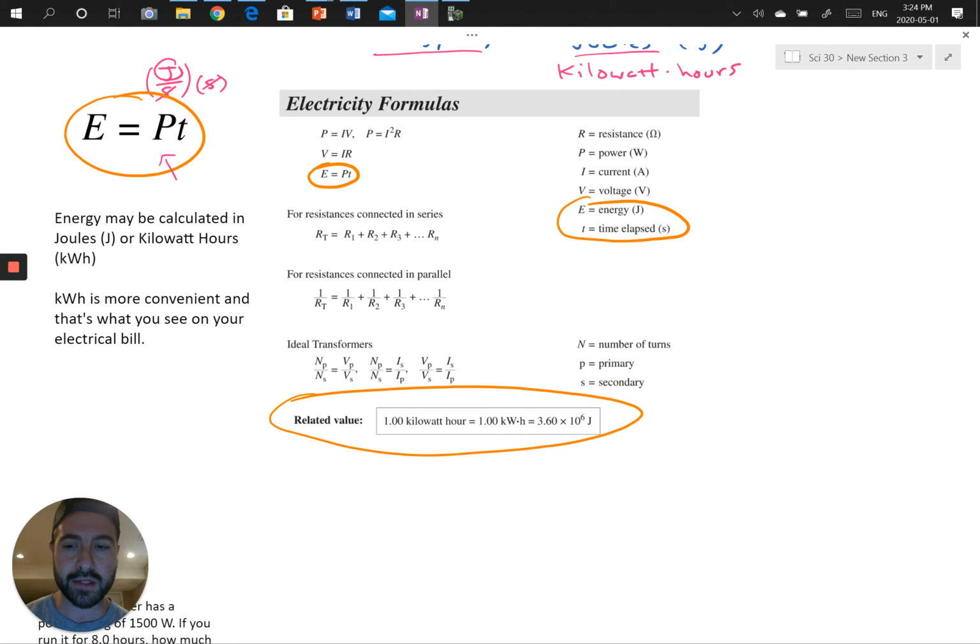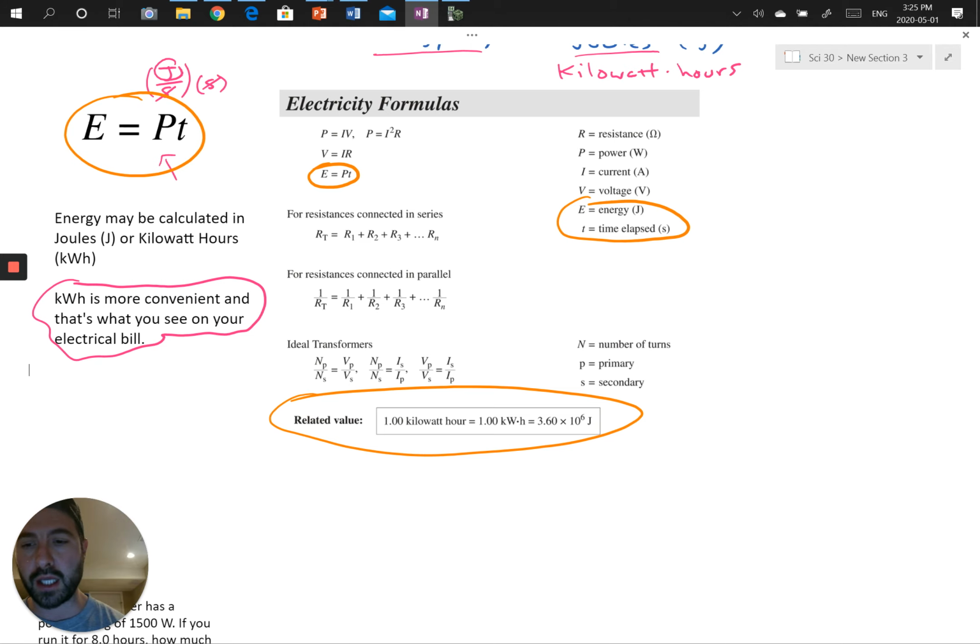Joules is something scientists use. Kilowatt hours is actually what you would see on your electricity bill. That's what I see on my electricity bill. It's pretty expensive. That's what you'd see on appliances. If you go to Best Buy to buy a new washer or dryer, you're going to see this EnerGuide number on it, and it's going to say how many kilowatt hours of energy that appliance is going to use.